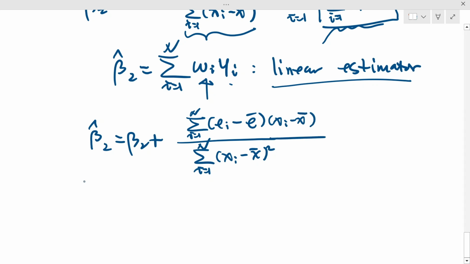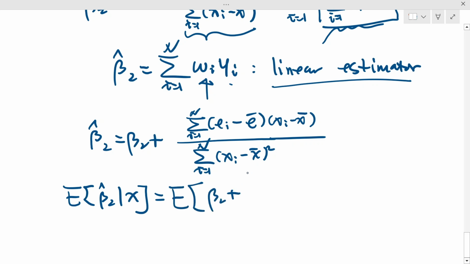Okay, let's take the expectation conditional on x. I'm conditioning not just on x i but also x 1, x 2, the whole x data. So this is the expectation of beta 2 plus these terms. Beta 2 is a constant, so it's equal to beta 2.